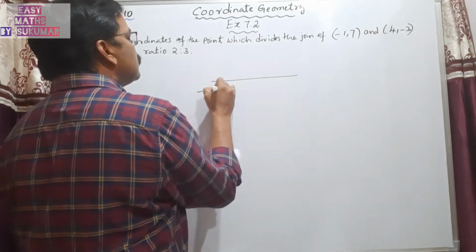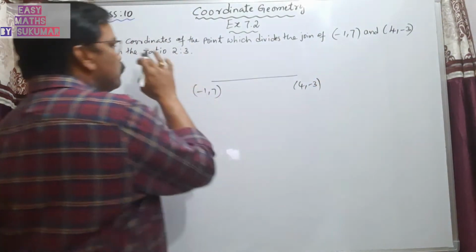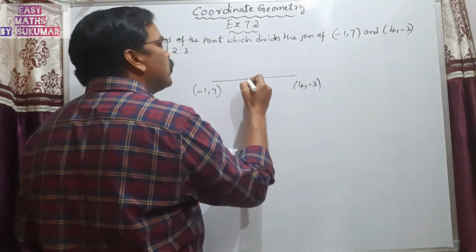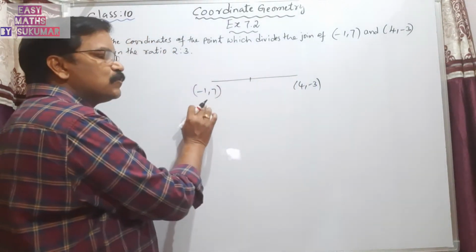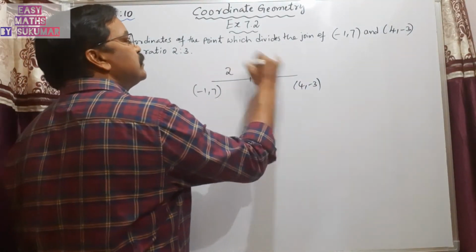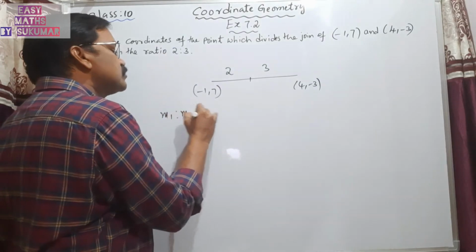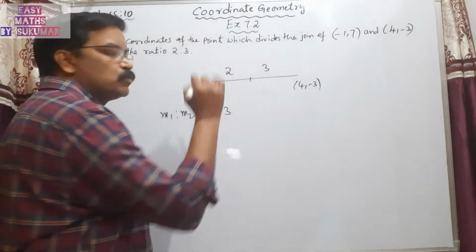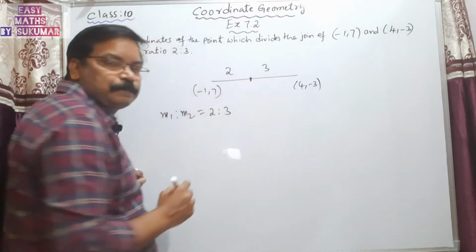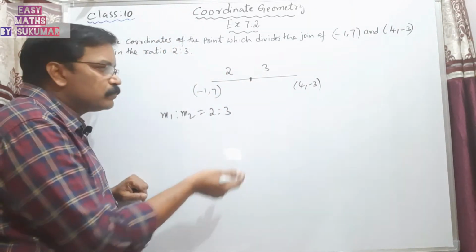Here this is (-1, 7) and (4, -3). We have to find the coordinates of the point which divides the line joining these in the ratio 2:3. So here, students, m1 is to m2 is given, that is 2:3. So we should find the coordinates of this point. What is the section formula?